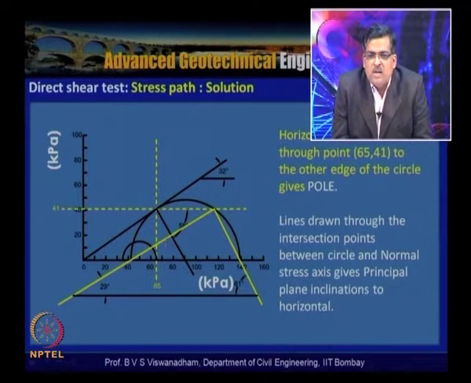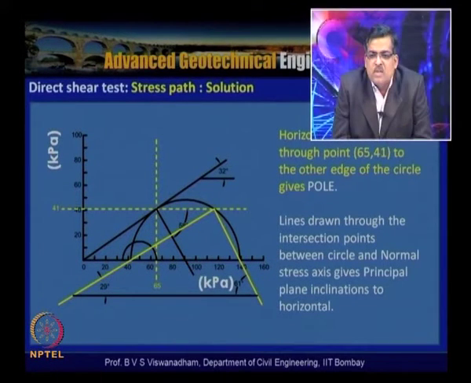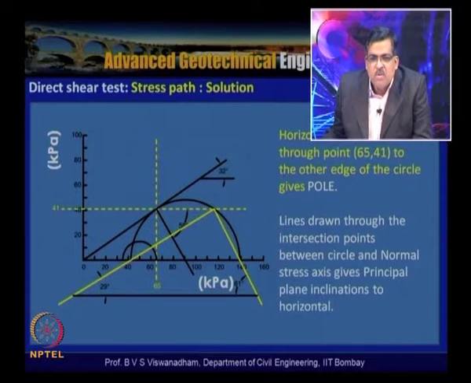Now the horizontal line is extended through point 65, 41 to the other edge of the circle, which gives the pole, and the lines drawn through the intersection points between the circle and the normal stress axis give the principal plane inclinations to the horizontal. So as we have discussed, when we draw these lines from the pole to these points, we get the inclination of the principal planes with reference to the Mohr circle diagram.